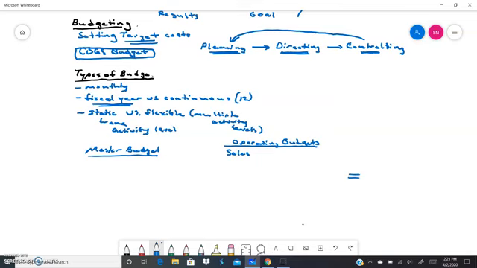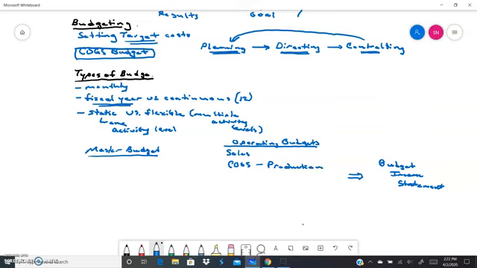And of course all of this is to get to a budgeted income statement. And we would compare that to our actual income statement to see how we did relative to sales, cost of goods sold, expenses, etc. So we'd have a sales budget. We would have a cost of goods sold budget. And within cost of goods sold, we would also have a production budget, and we'll work through each one of these.